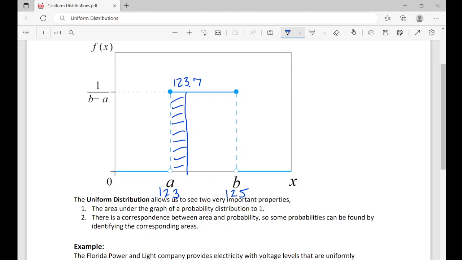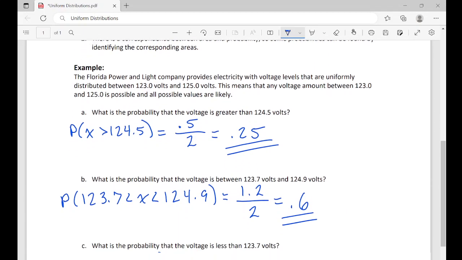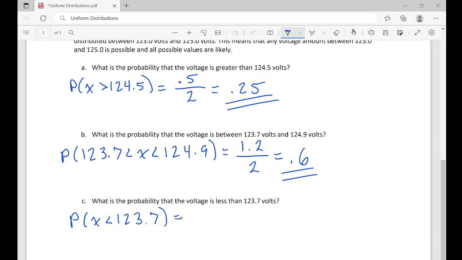So again, we take 123.7 minus the lowest part, which is 123, and then divide that by the difference between A and B. The difference between 123.7 and 123 is 0.7, divided by 2. And when we do that, we're going to end up getting 0.35. So the probability that the voltage is less than 123.7 is 0.35.